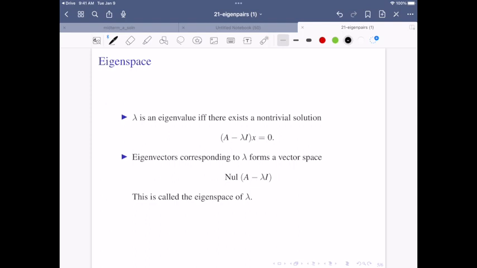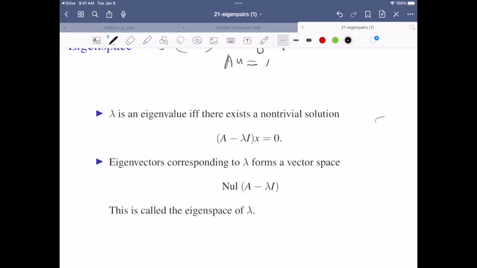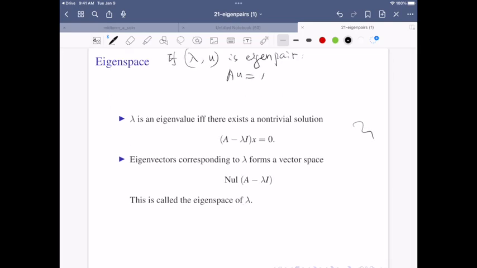If lambda and u are an eigenpair, then we can write Au equals lambda u.